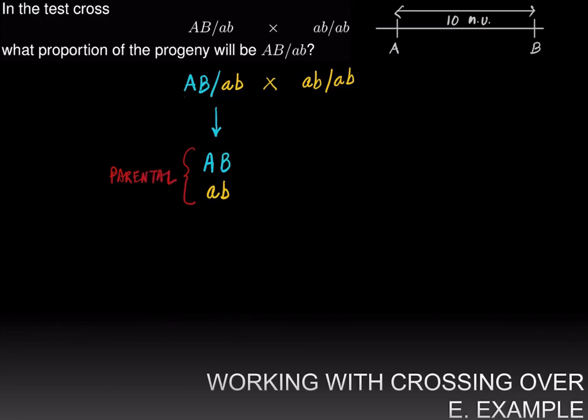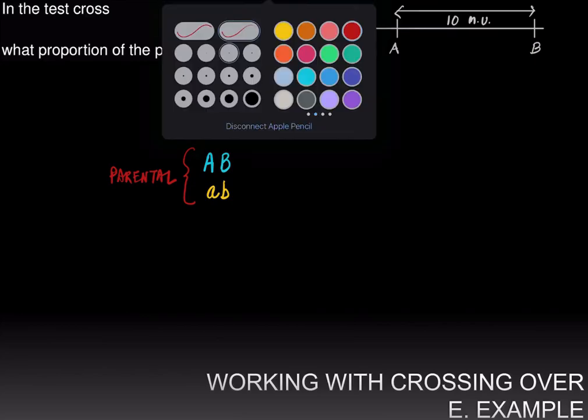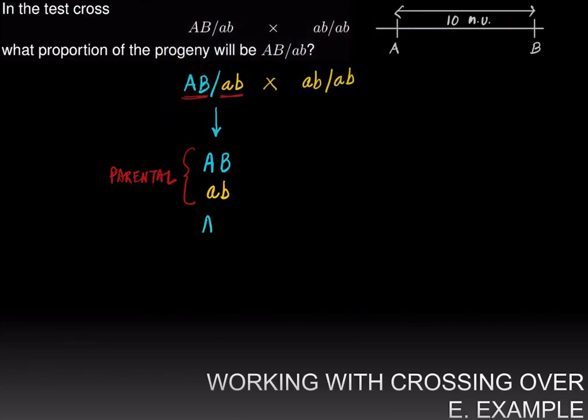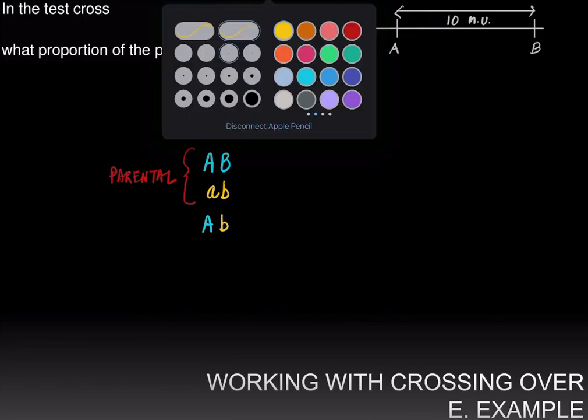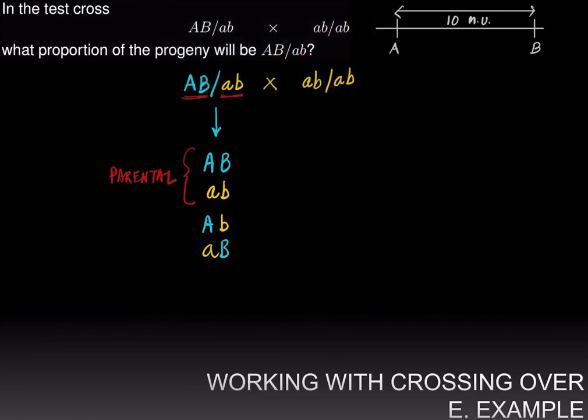Since the two genes are linked and it's clear to us that this individual has one chromosome with big A, big B and another chromosome with little a, little b. The other two genotypes that are possible are big A, little b and little a, big B, and these are the recombinant genotypes.